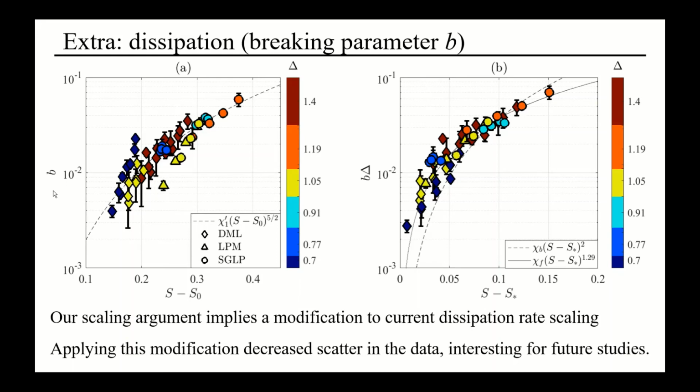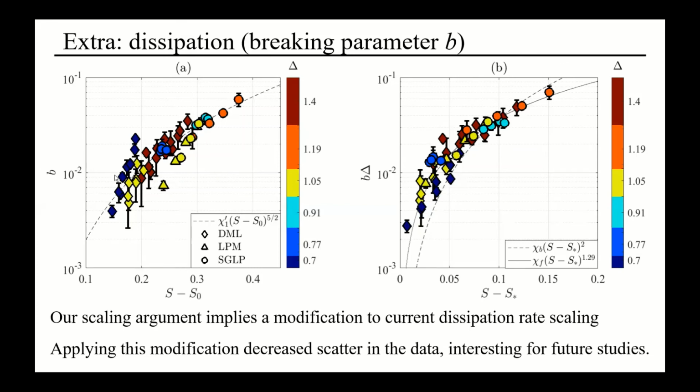Now the current scaling for this, which has been discussed in previous literature, is that B, the breaking parameter, should go like S minus S naught to the 5/2 power, where S naught is a free parameter. Now, when we had data from these current experiments, which are these triangles and circles, and we also had some archive data taken for a paper published by David Drazen in 2008, and those points are in diamonds.